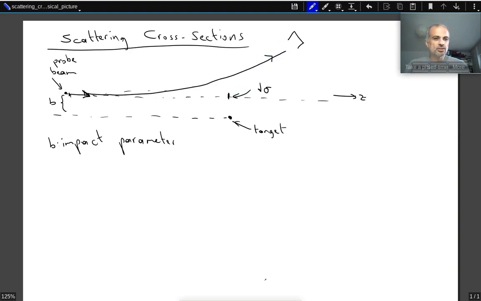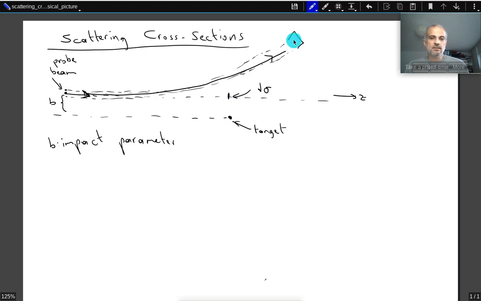If we slightly shift it above, it will follow a very similar trajectory. It will probably deflect slightly less, but still go into our detector. If we send it slightly below, it will deflect a bit more, and it will still fall into the detector. So there is this area, d sigma, such that if our particle is aimed in that area, the particle will scatter and move into my detector.